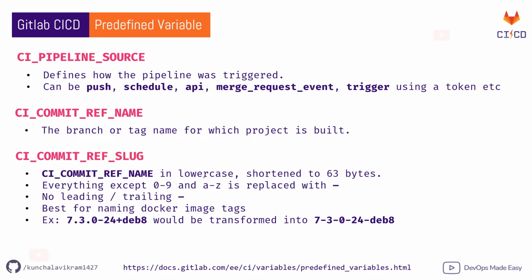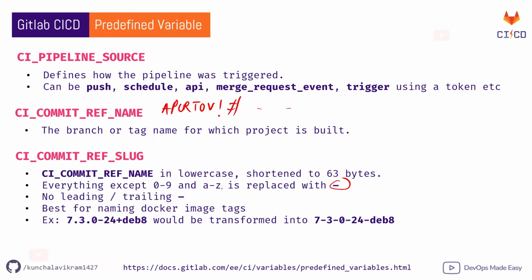And not only that, anything other than 0 to 9 and lowercase a to z is replaced with a hyphen. Let's assume I have a name like this. Here all the capital letters are lowercased, and the length will be shortened to 63 bytes.